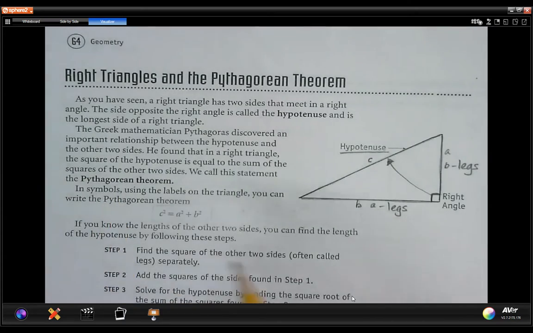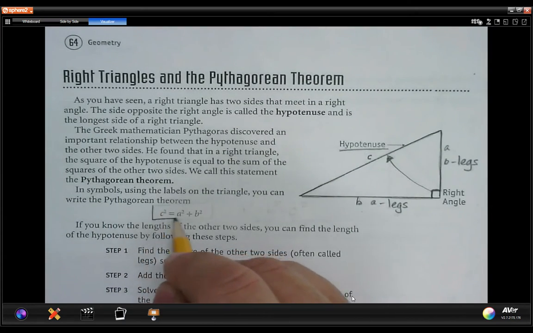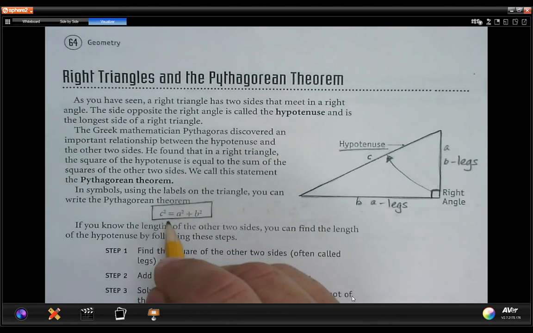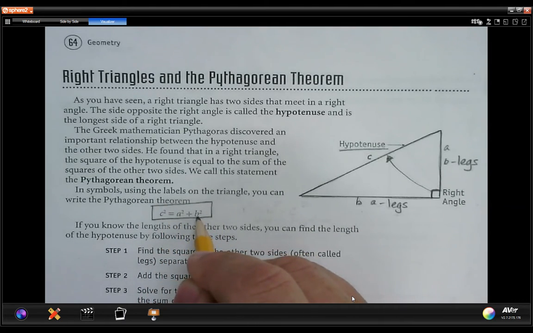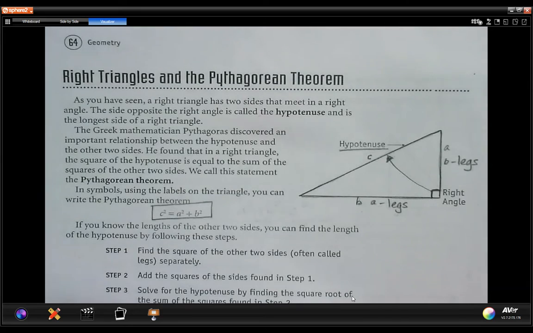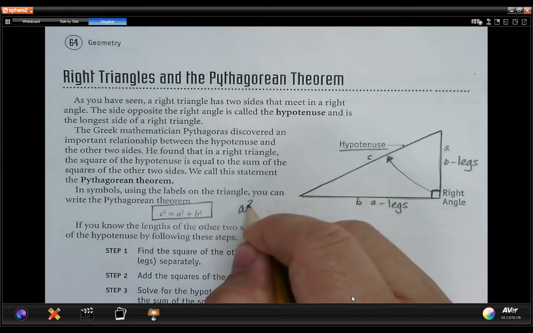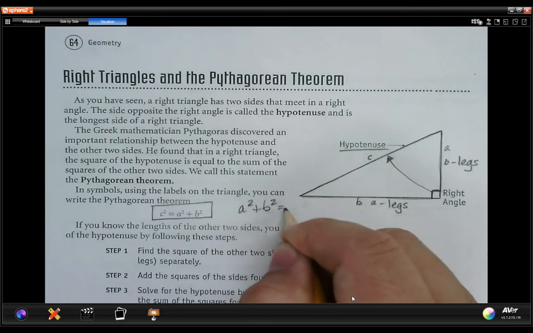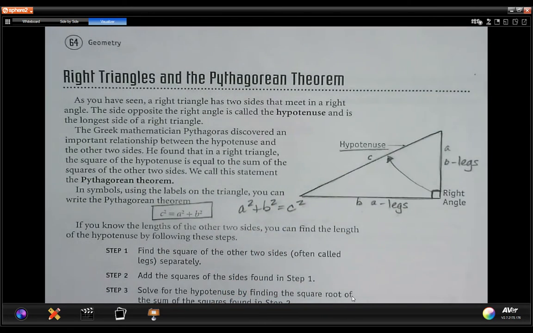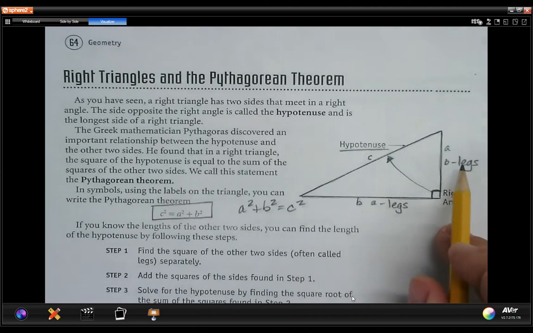It's named after him. And he came up with this theorem, and here you can see this listed as c squared equals a squared plus b squared. The way we've typically seen that, and it's equal to the same thing, is a squared plus b squared equals c squared. Okay, and you say, well, what in the world does that mean? Well, think about what a and b are. A and b are your legs.